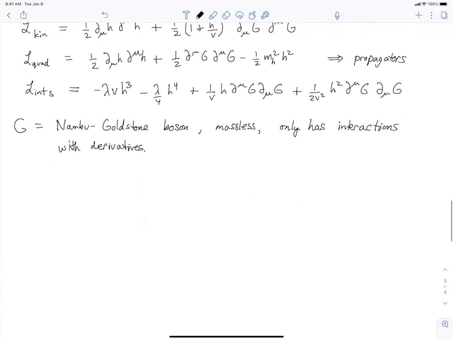All right, so there's a general summary of all of this called Goldstone's theorem.